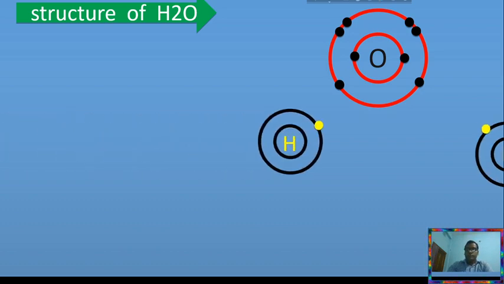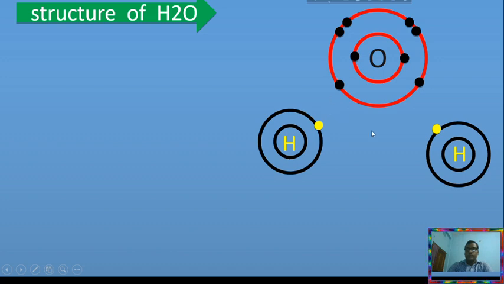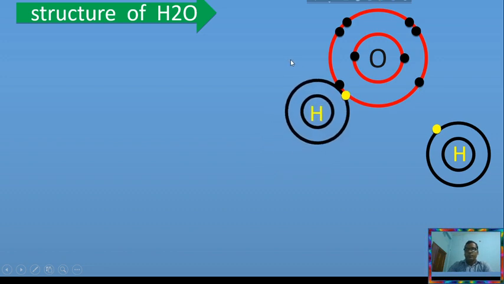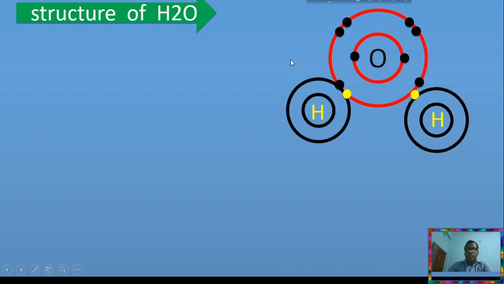This is a hydrogen and this is another hydrogen atom. Both hydrogen atoms share their electron with the electrons of oxygen and produce oxygen-hydrogen bonds. So there are two oxygen-hydrogen covalent bonds, and this produces H2O.